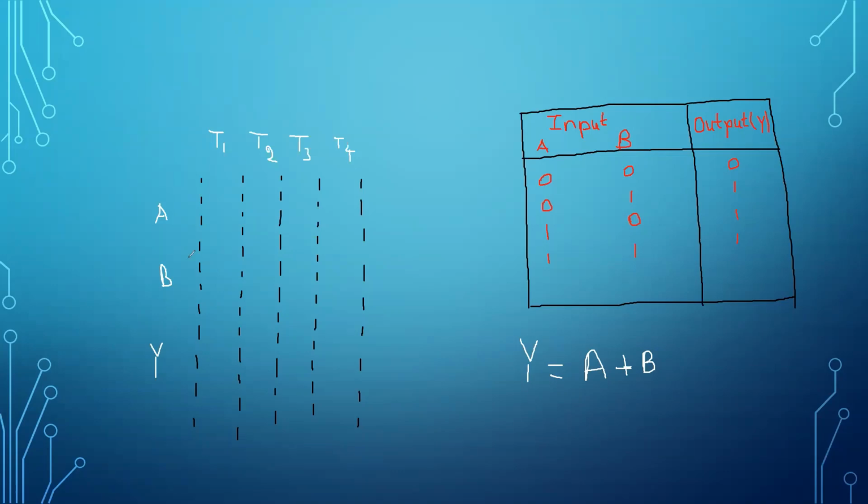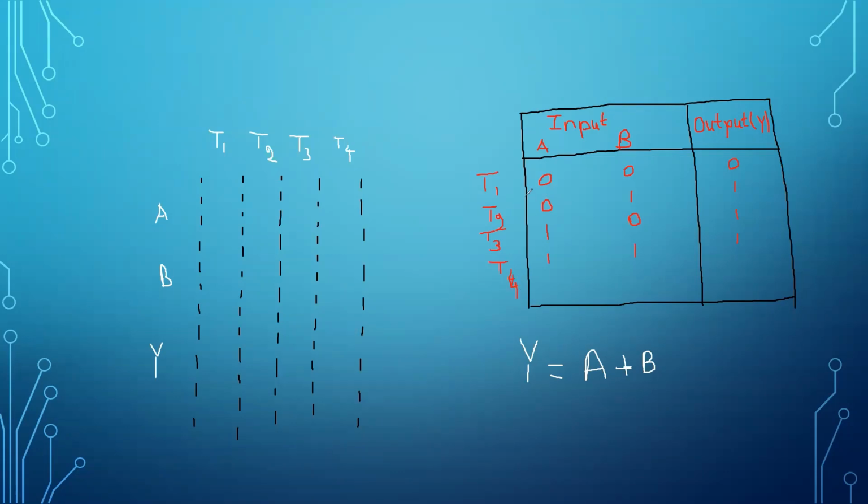We will get totally 3 waveforms: 2 for the inputs and another one for the output signal. Now we will mark each case as a timing phase. The first case is T1, and the following cases are T2, T3, T4.